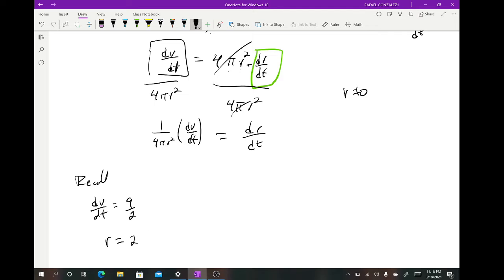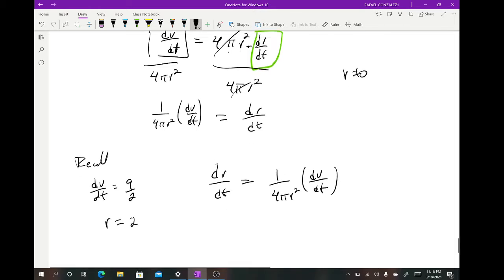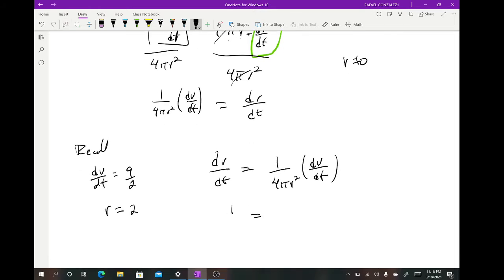So we simply plug into the function that we just developed, which is 1/(4 pi r squared) times dV/dt. If we plug in the values for r and dV/dt, we get 1/(4 pi times 2 squared) times 9/2.